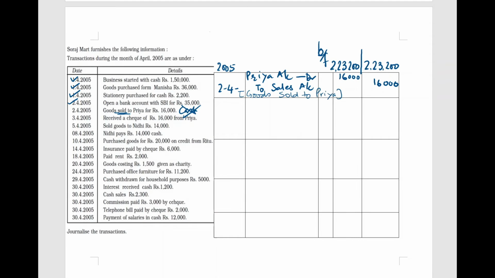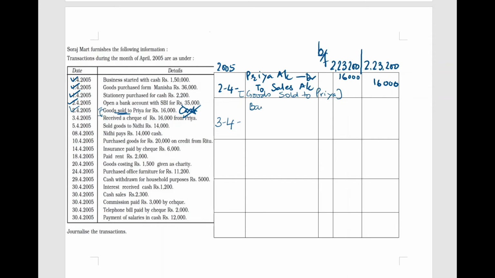Now this is also done. Next is received a check of rupees 16,000. That means Priya paid. There was a confusion in this number, but the next one again says Priya paid, so what we have done is correct. It's a credit sale. So I received a check, money comes in. I write 3rd April. Money is coming in from bank.